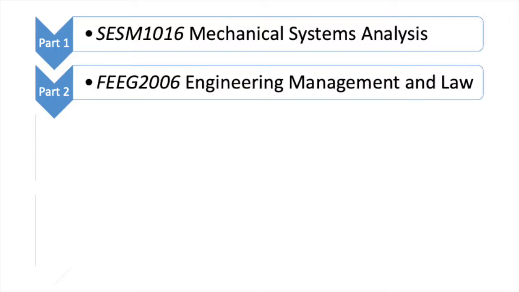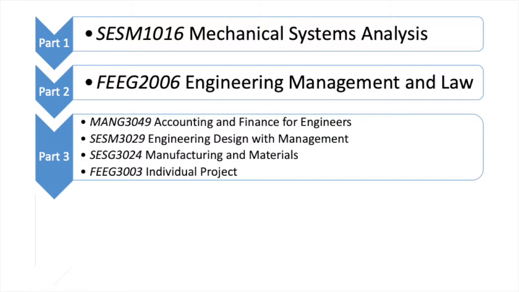The second part of the module will start to bring in skills concerning the application of engineering analysis to practical mechanical systems. In year 2, you'll study FEEG 2006 Engineering Management and Law, and here the emphasis is put upon introducing managerial knowledge and skills required to apply effective management techniques to engineering projects. It's putting your engineering skills within the context of a business environment.